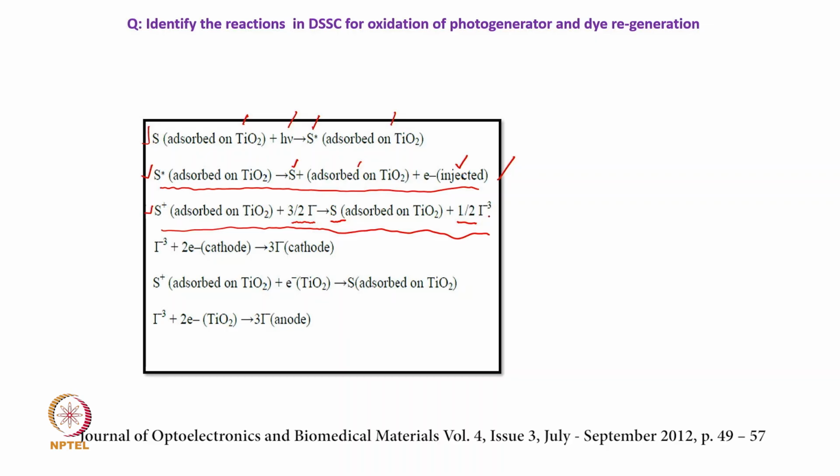Once we have this I 3 minus, it gets an electron from the cathode or the counter electrode, and then it becomes 3 I minus. Okay. So, these are the major equations which work. Apart from that, there are some recombination equations which we will see in the later discussion.